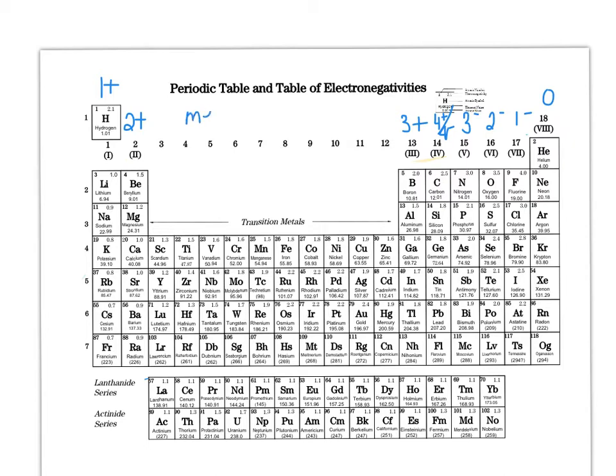So metals are going to lose. And they lose electrons so that they basically empty their valence shell. Non-metals, these are the elements on the right-hand side. The non-metals are going to gain electrons because they want to fill their valence shell. So however many they have, the charge they form depends on how many more they have to be full, like the noble gases. So your periodic table can help you do a lot of things.